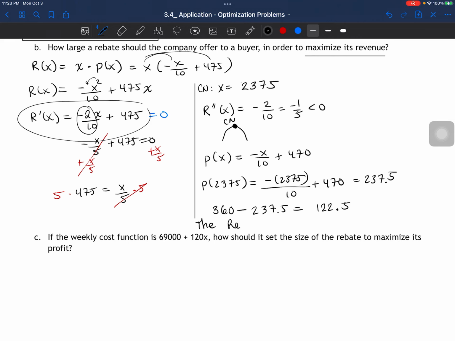So for the revenue to maximize, we need to give a rebate of $122.50. Right.